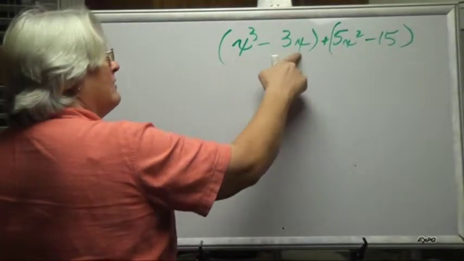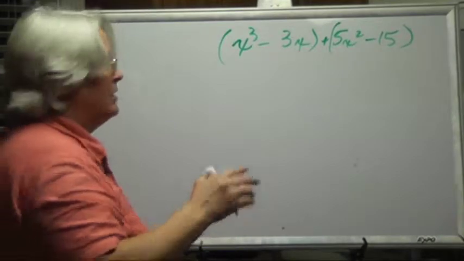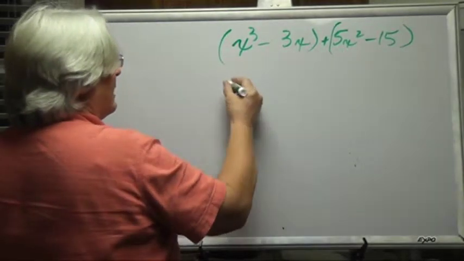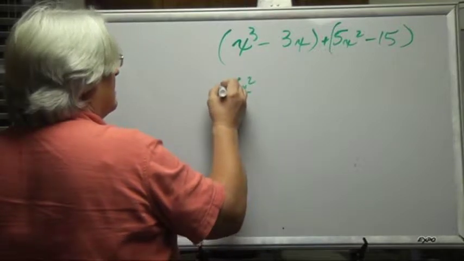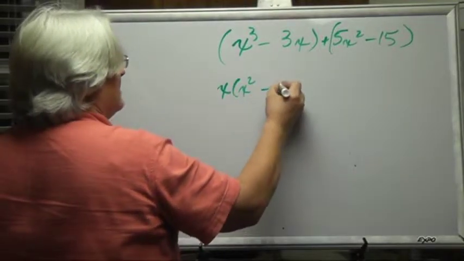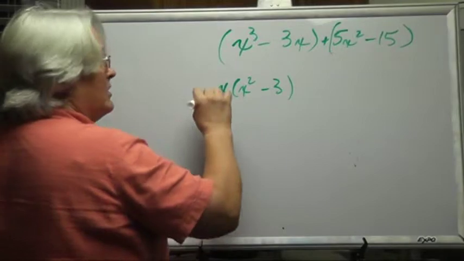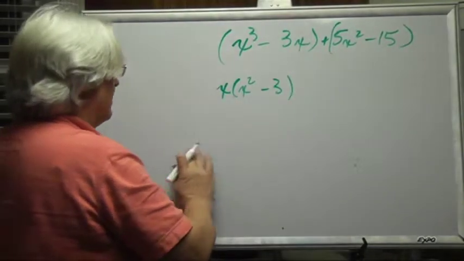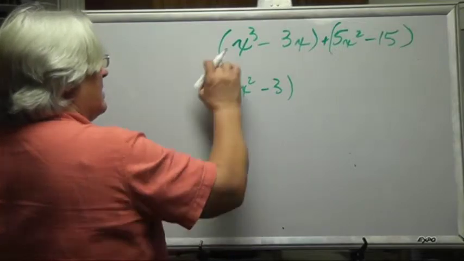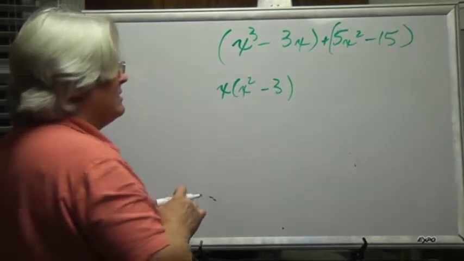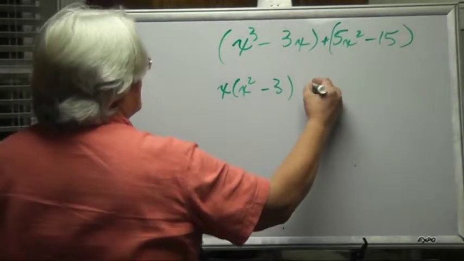What factor do we have in common? Only a single factor of x. X times the quantity x squared minus 3. You can check it by going back. X times x squared is x cubed. X times a negative 3 is minus 3x.